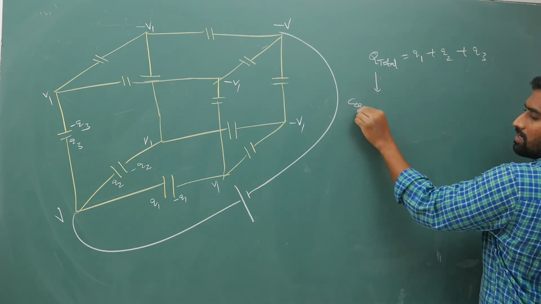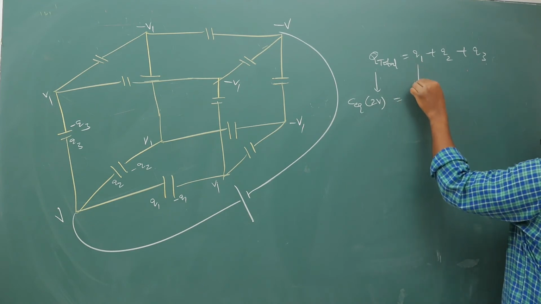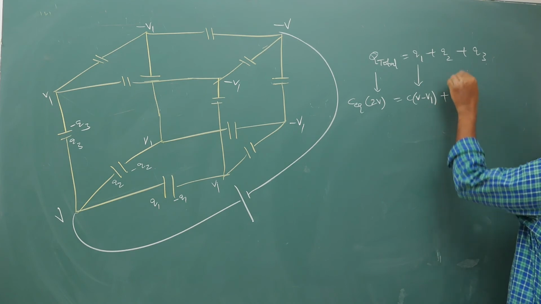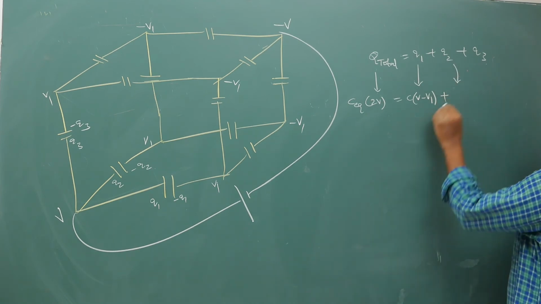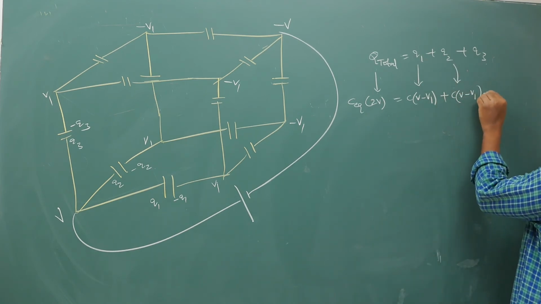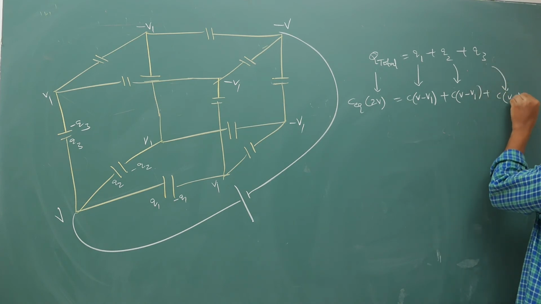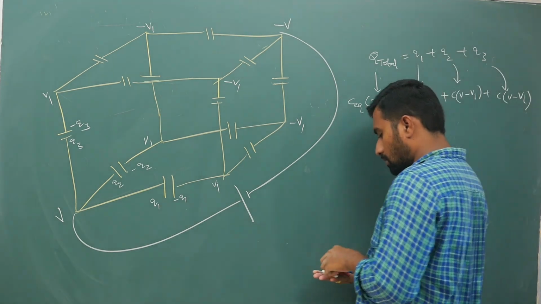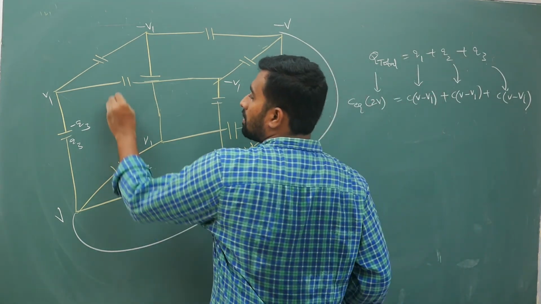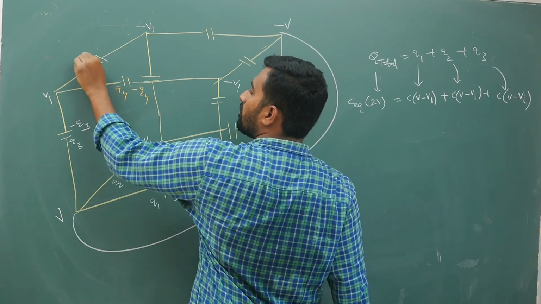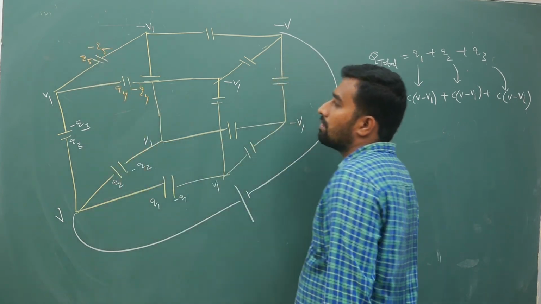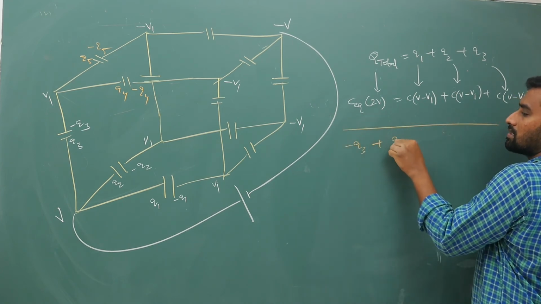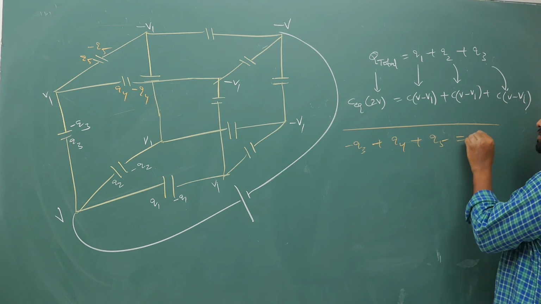So your C equivalent times 2V is equal to Q1. Q1 is C times (V minus V1), plus Q2 is C times (V minus V1), plus Q3 is also C times (V minus V1). Now you simplify this. Next, take this node. At this node, if you take this as Q4 minus Q4, Q5 minus Q5, then minus Q3 plus Q4 plus Q5 is equal to 0.